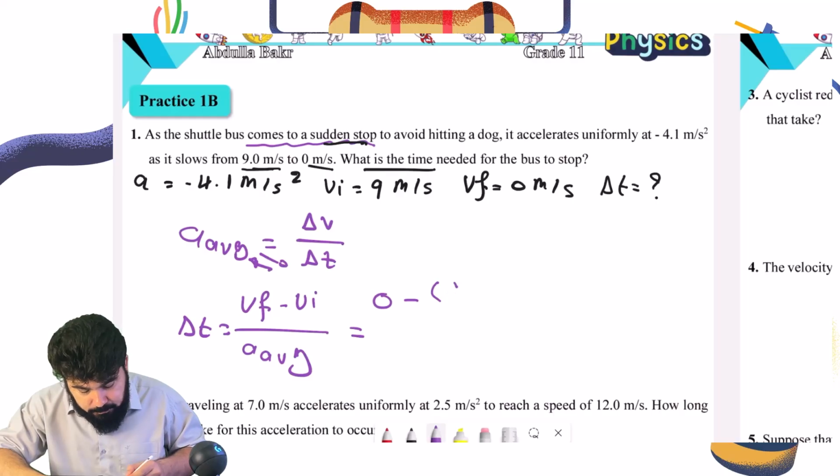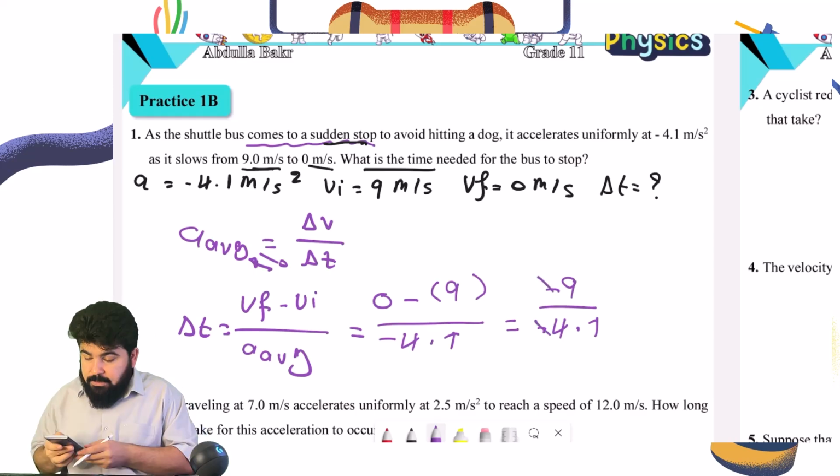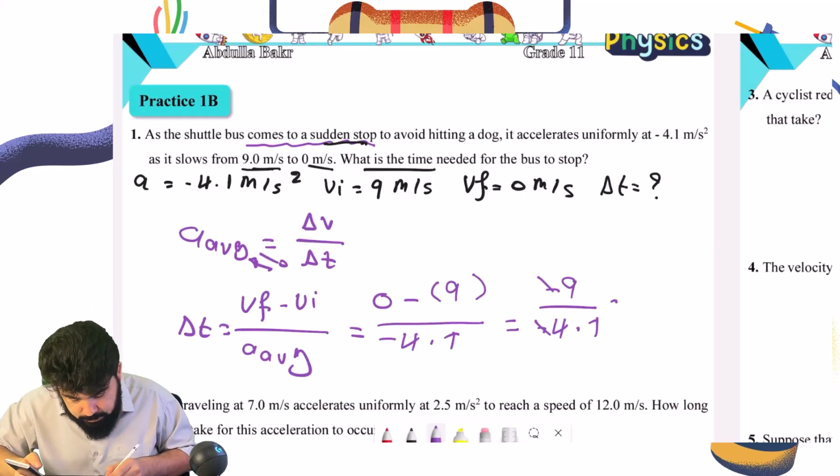So this is going to be 0 subtracted by 9, divided by negative 4.1. So negative 9 divided by negative 4.1. Let's divide it. The two negatives cancel. So 9 divided by 4.1, we have 2.19 seconds.